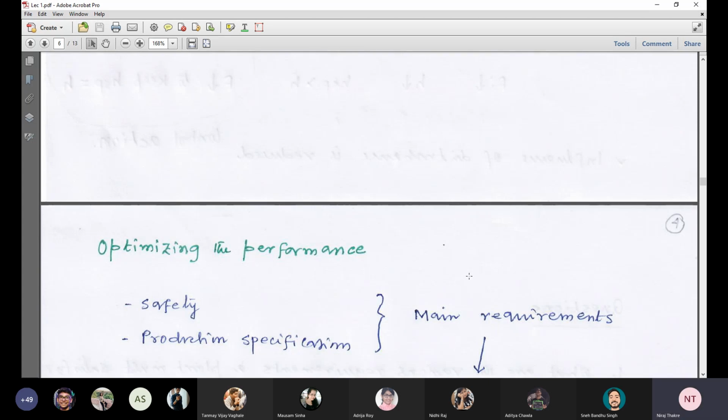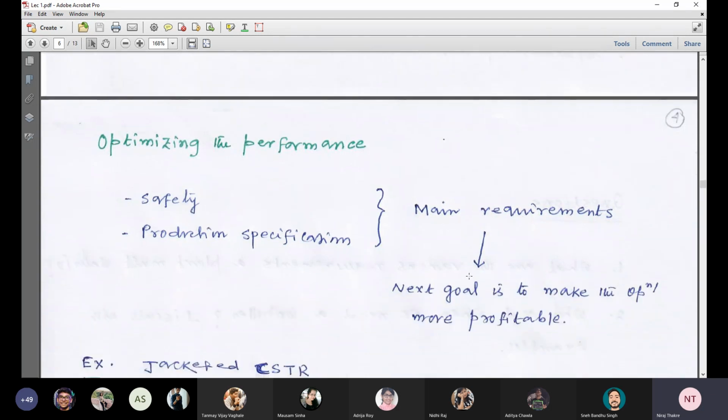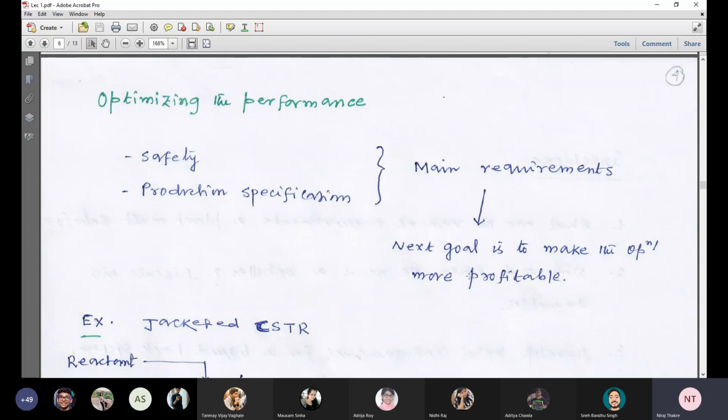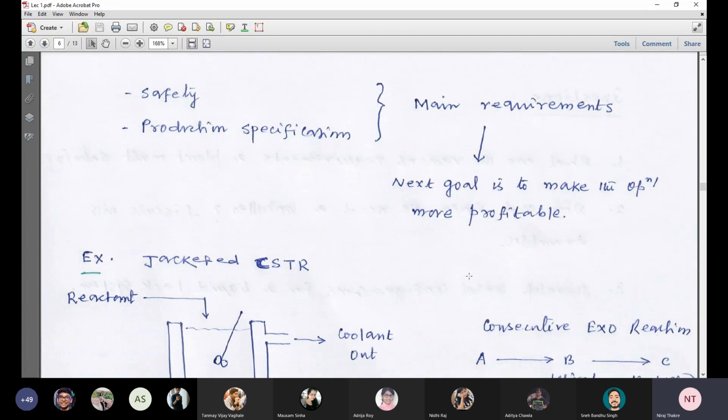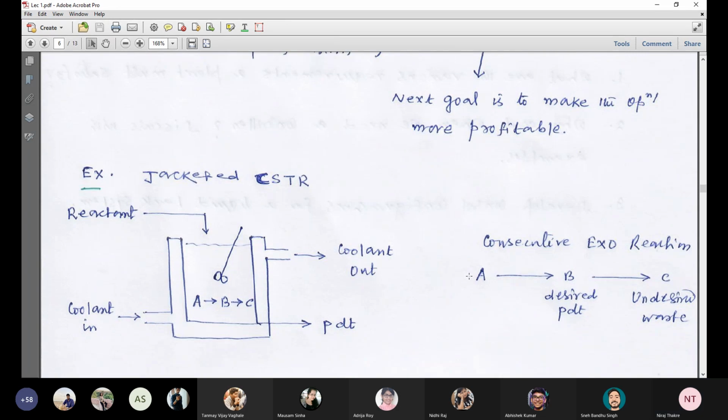Anyway, let us discuss this economics. To discuss this, let us adopt one example system, which is shown here. You draw this schematic of a continuous stirred tank reactor. Then I will discuss. Draw this schematic first.